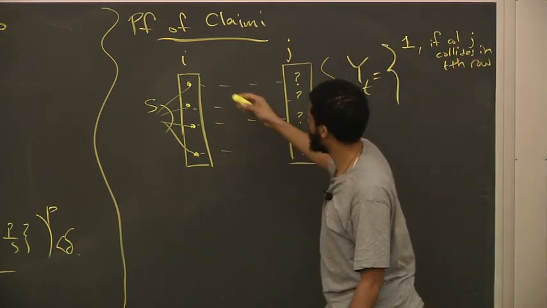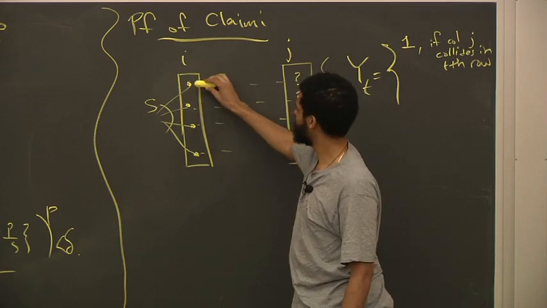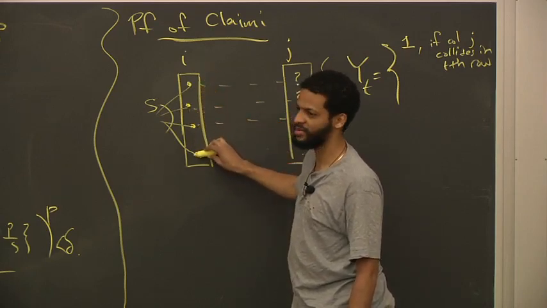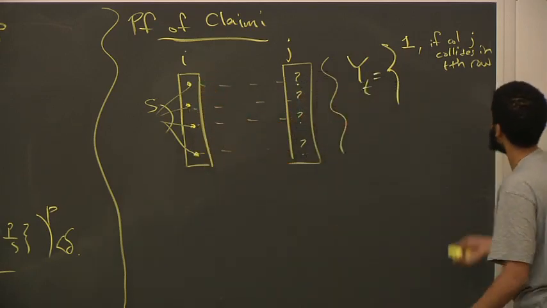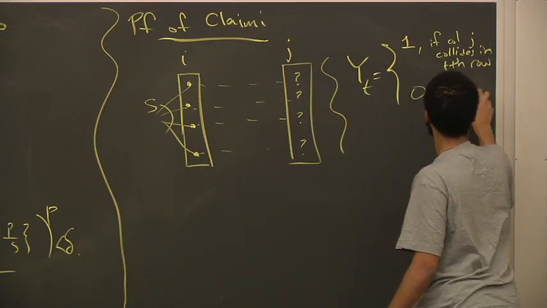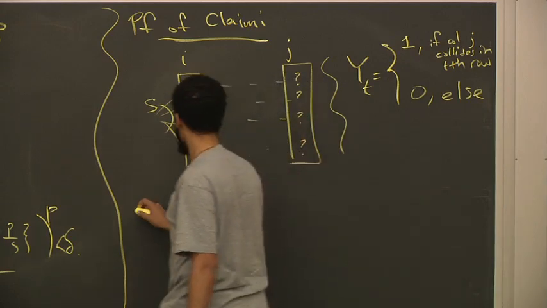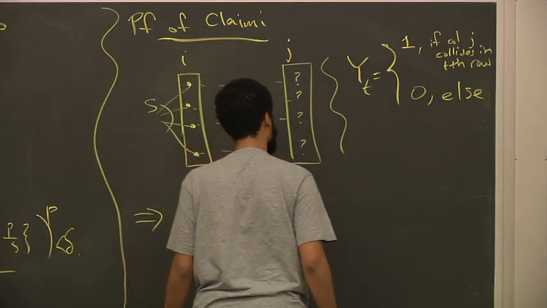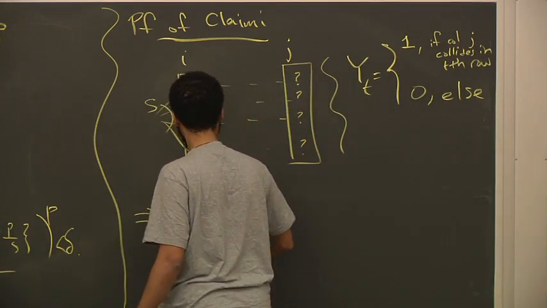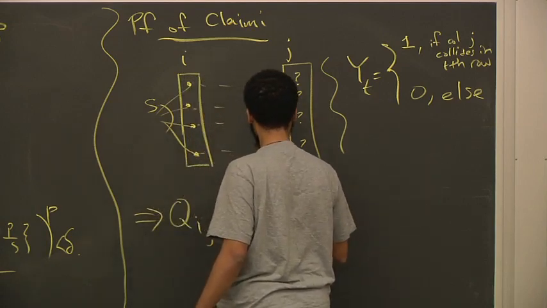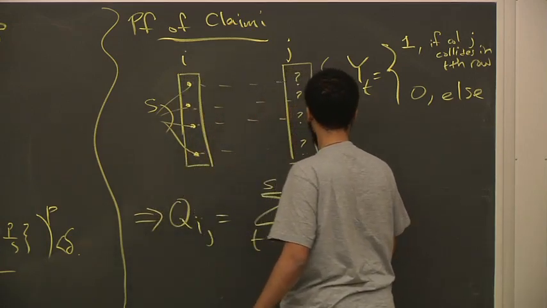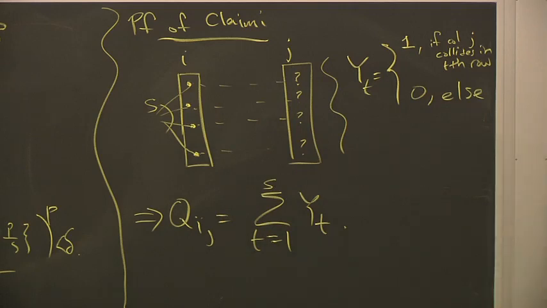By tth row, I mean not actually row number t, but this is row 1, this is row 2, this is row 3, this is row t, et cetera, and 0 otherwise. This implies that q_ij is equal to the sum, t goes from 1 to s, of y_t.